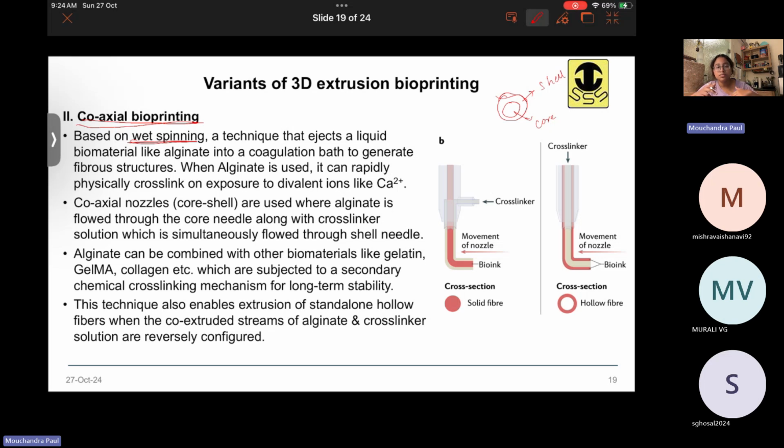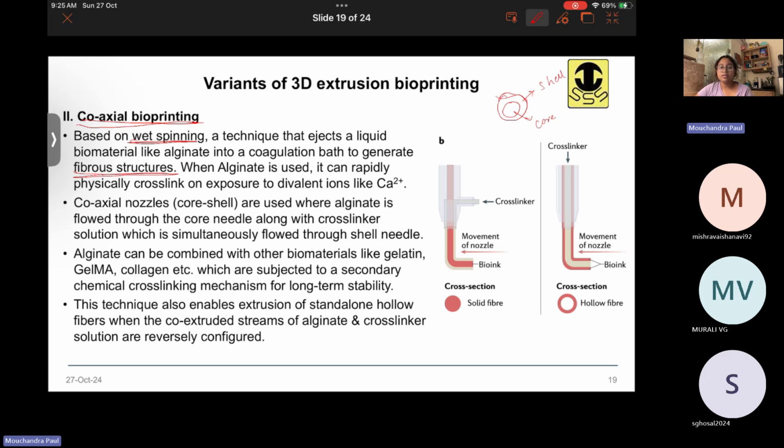This water bath contains divalent cations like calcium ions. As soon as the alginate threads fall into this bath, they generate fibrous structures. That is the concept adopted here from wet spinning.